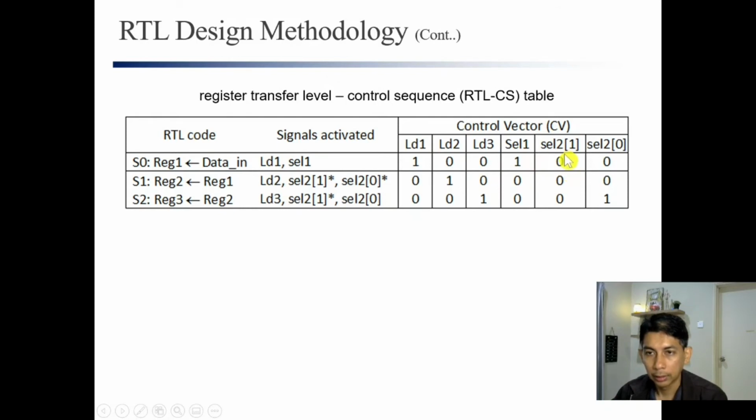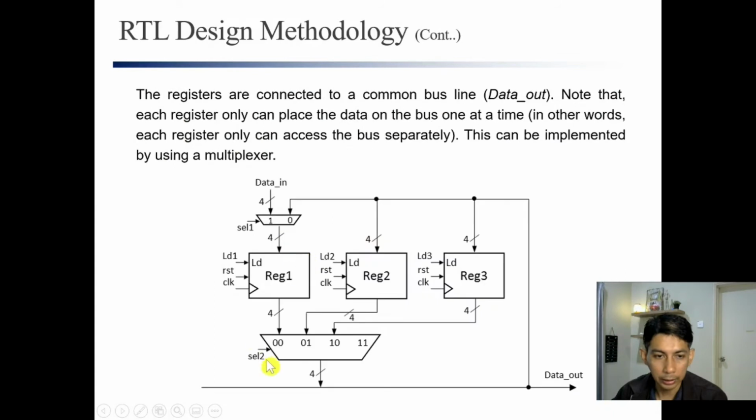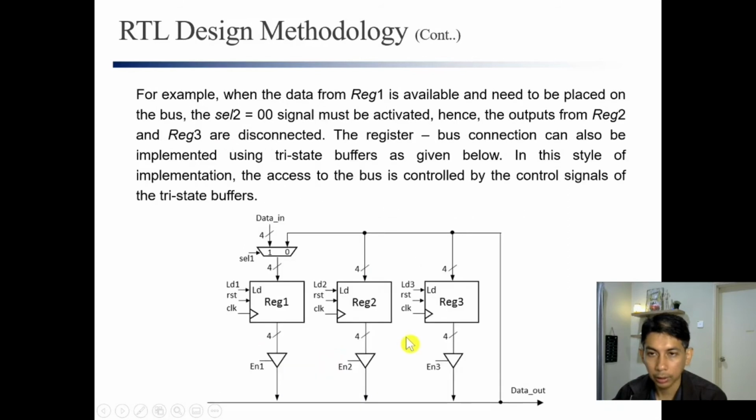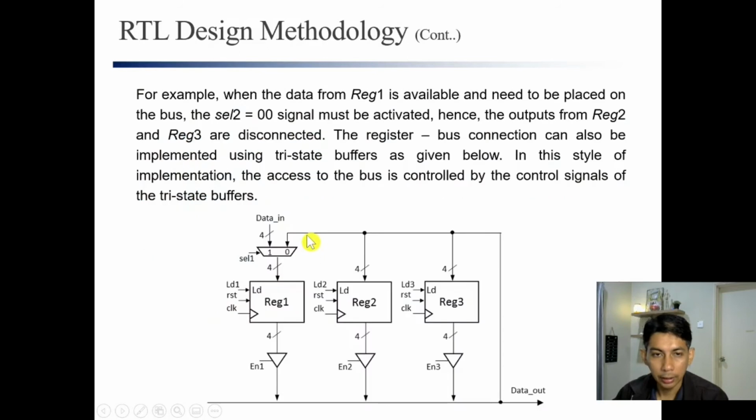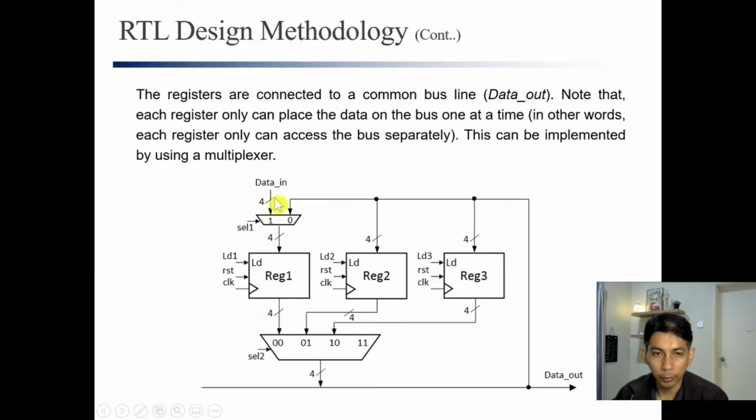SEL2 is 2-bit because this is a 4 to 1 multiplexer: 00, 01, 10, and 11. So bit 1 and bit 0 here are 0, 0. This will definitely move the data from here to here.